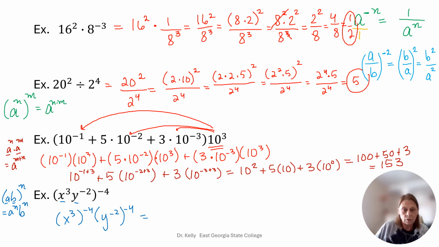So this is going to be x to the negative 12, y to the positive 8, and then we always want to write our answers without negative exponents, so because x has a negative 12, it's going to go to the bottom and be x to the positive 12 on the bottom and y to the 8th on top. Okay, we made it.